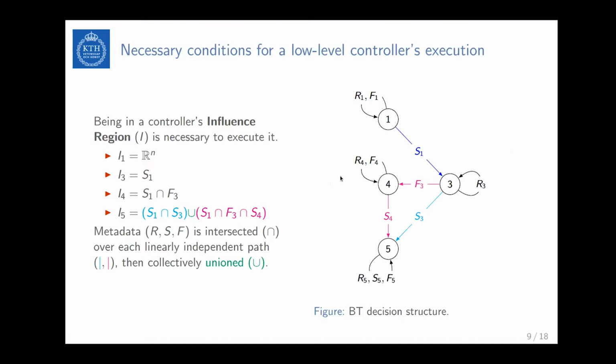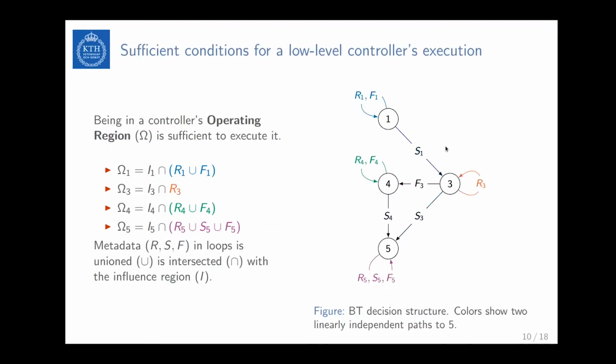Given those paths, we can determine the necessary conditions for each of those controllers to execute. So in order to execute controller number 5, we need to have controller number 1 succeed, controller number 3 succeed, or we can have these return statuses. Altogether, those give us the necessary conditions that we need to execute the actions.